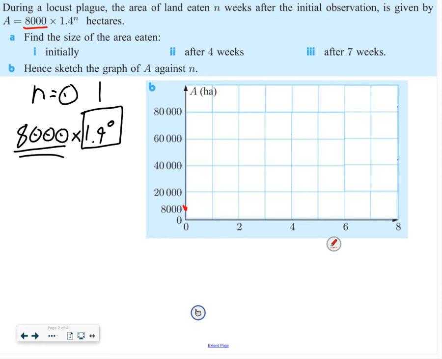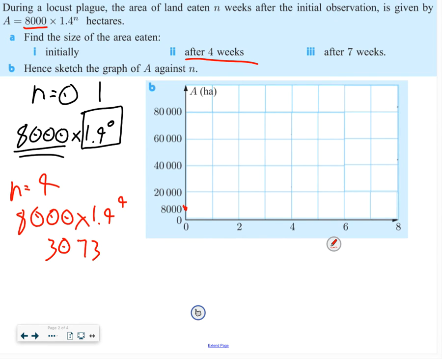So what would it be after 4 weeks? That's if n is equal to 4. So if we do 8,000 times 1.4 to the fourth using my calculator, 8,000 times 1.4 caret 4, we're going to get a population of locusts at about 30,733, rounded to the nearest locust.